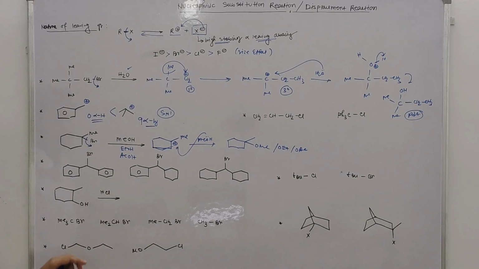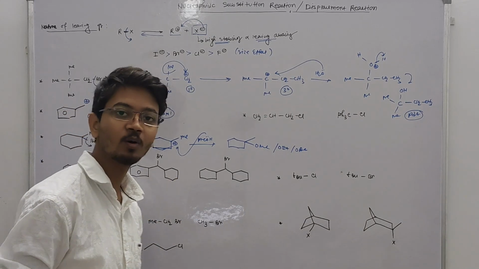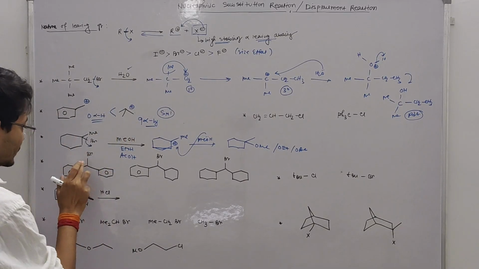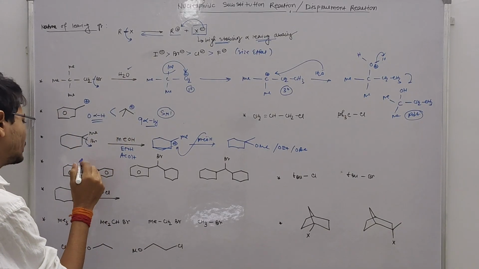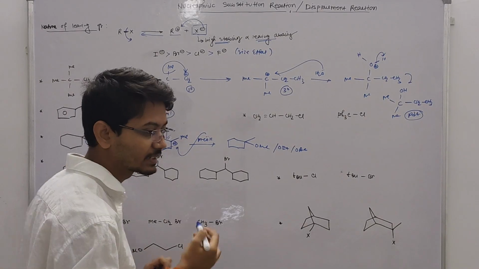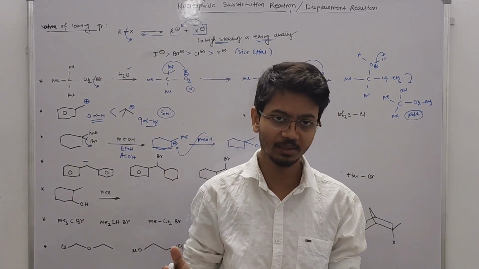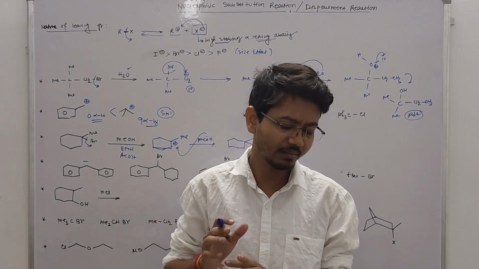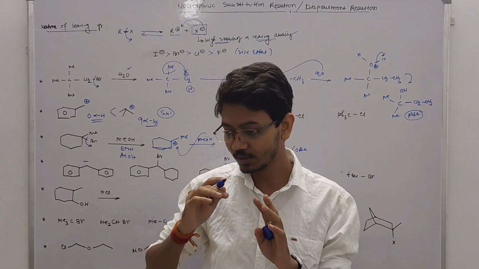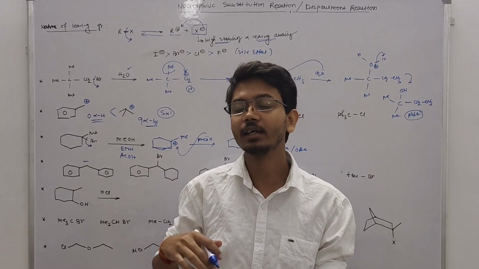Now in the next question, you have to compare the stability, or which will undergo SN1 at a faster rate. Same thing: whenever SN1 is coming, you have to kick out the leaving group, the chlorine, and then check the stability. If it is stable, it will undergo a faster reaction in SN1.